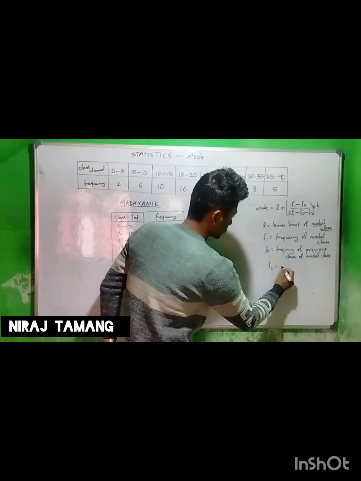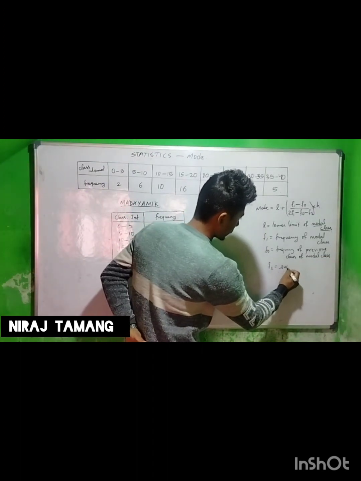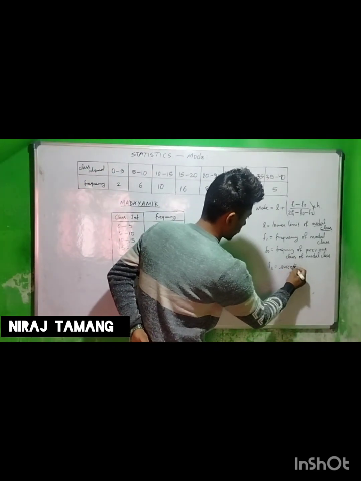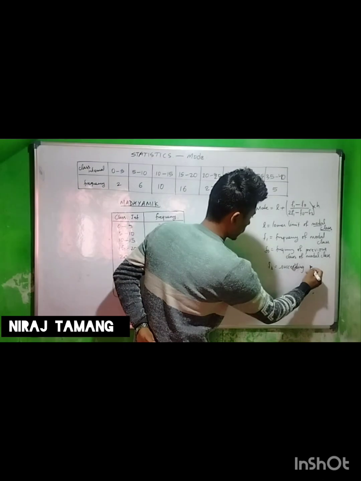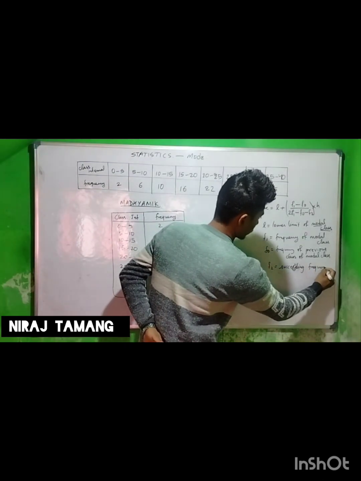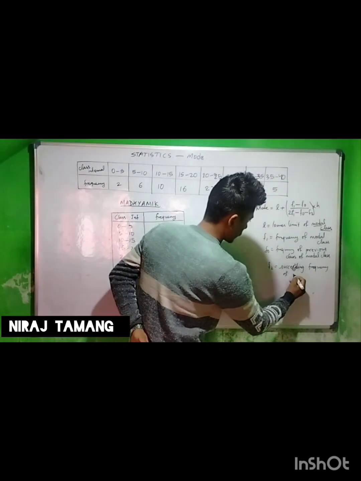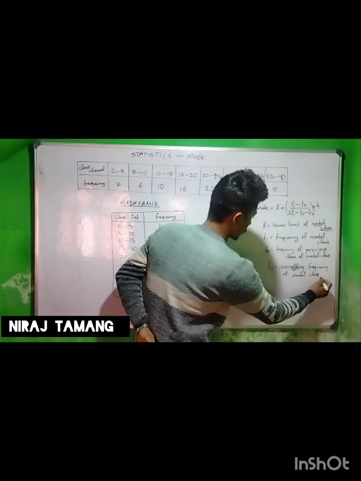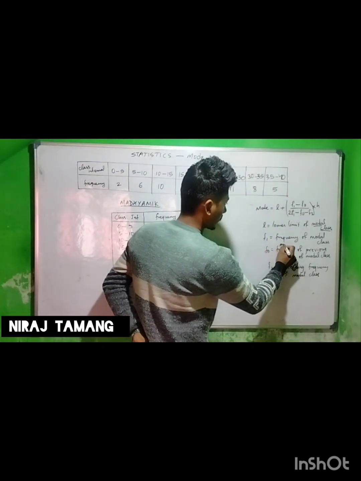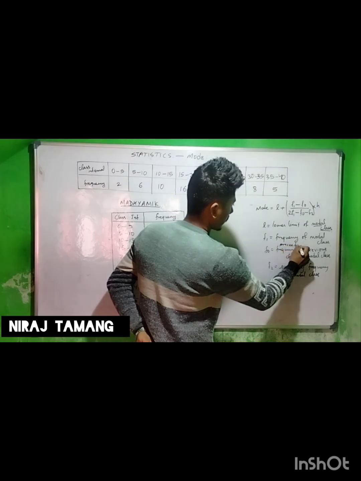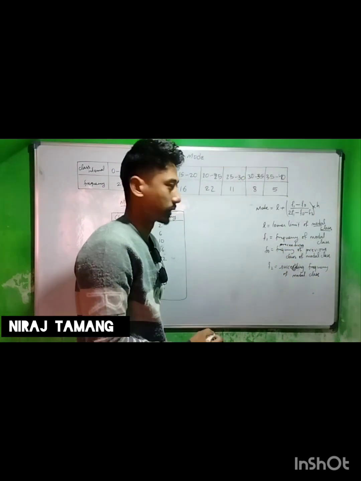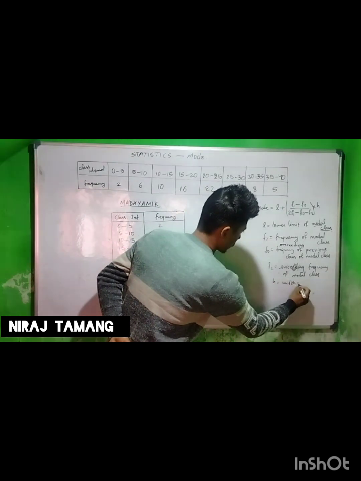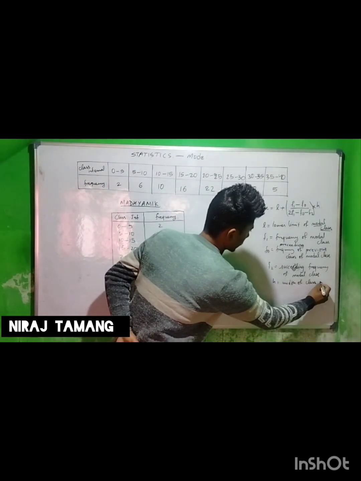F2 is the succeeding frequency of the modal class. And H is the width of the class interval.